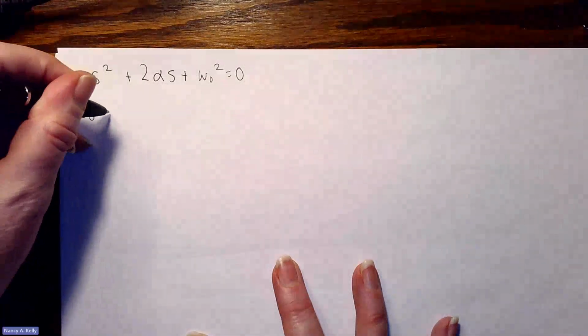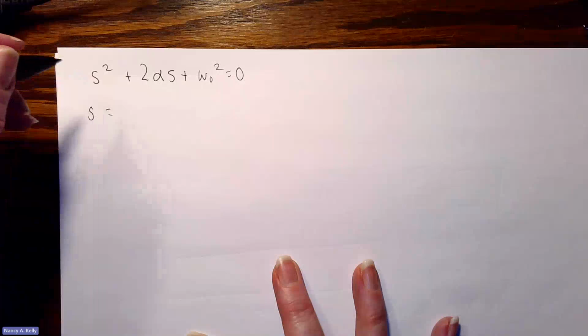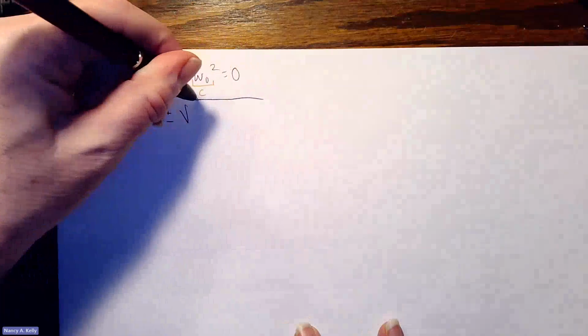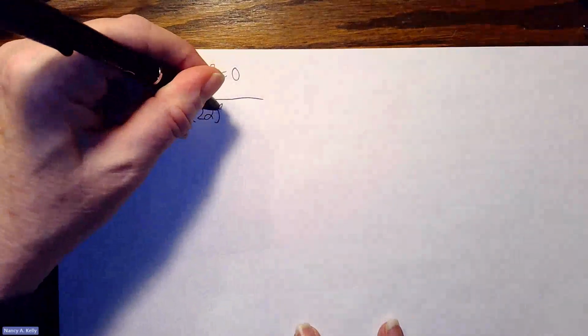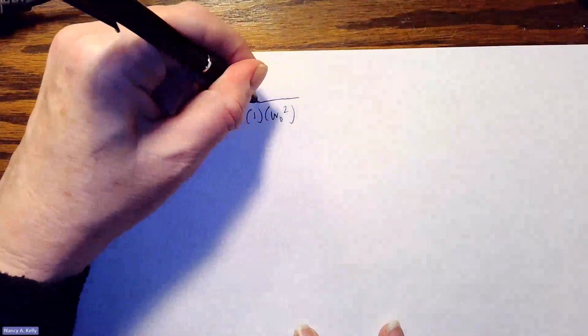So s is going to equal negative b, right? Remember, this is b here. a is 1, and this is c, okay? Negative b, so that's minus 2 alpha, plus or minus the square root of b squared, 2 alpha squared, minus 4 times 1 times omega 0 squared, okay?